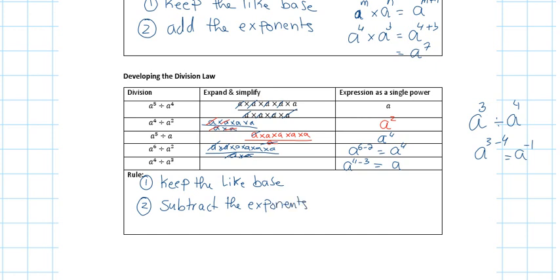A to the power of m divided by A to the power of n equals A to the power of m minus n. Are we good with that? Is it clear? Can I move to the next one?